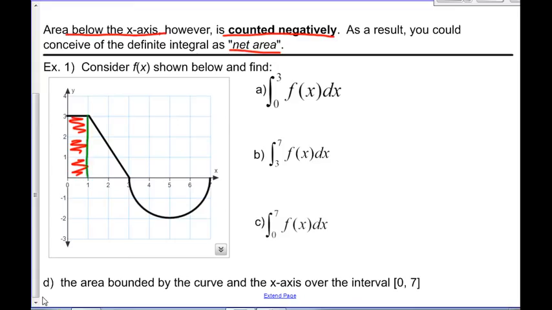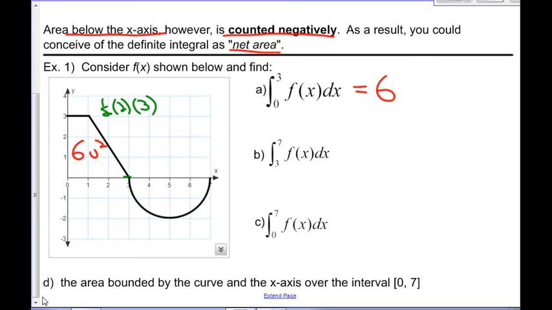That triangle has a height of 3 and a base of 2, so its area is half base times height, or 3. So in total, I have 3 full blocks and then 3 more from the triangle, so I have 6 square units in terms of area. When I write down the definite integral, I do not write the units squared.